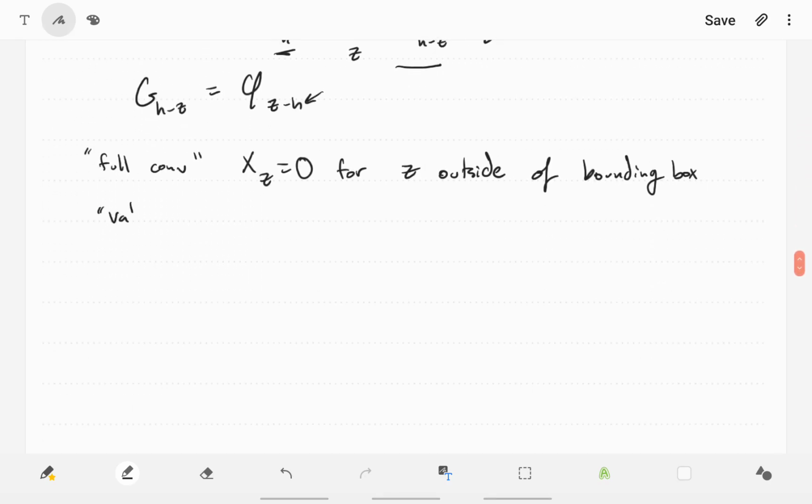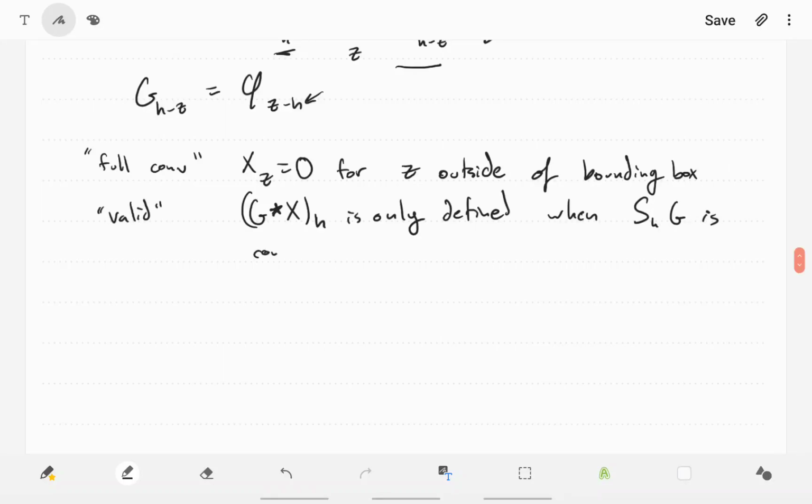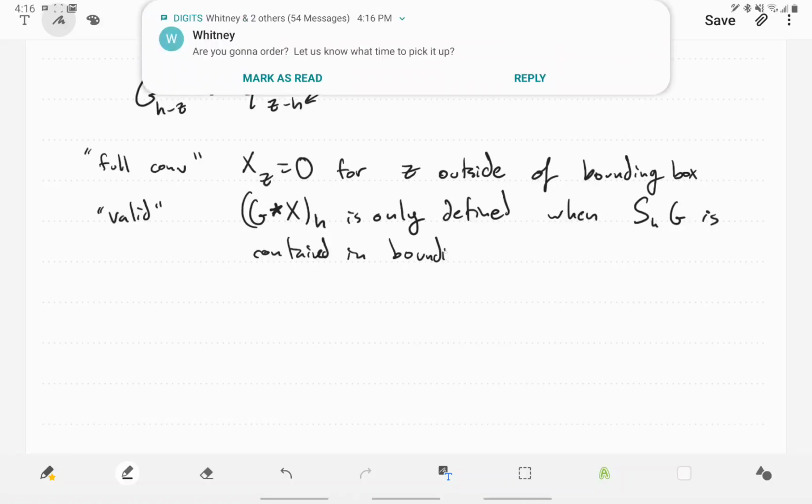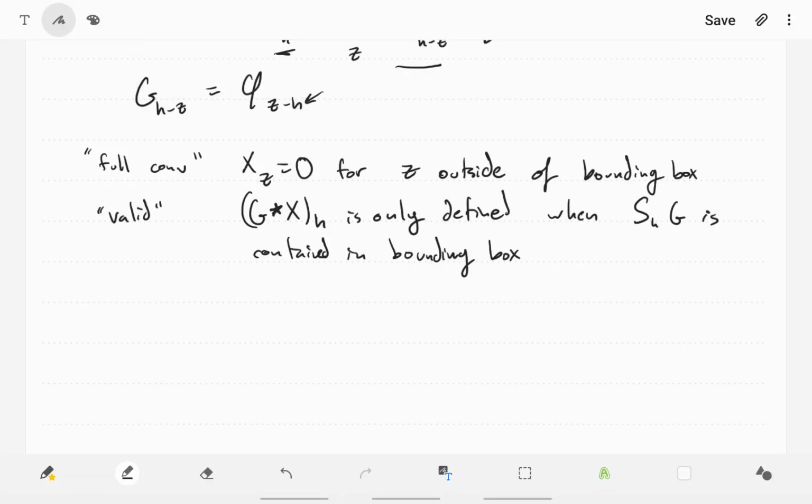So valid convolution is, G star X sub H is only defined when the shifted filter, S sub H of G, is contained in the bounding box of X. Okay? So these are the two notions of convolution that you should be aware of.